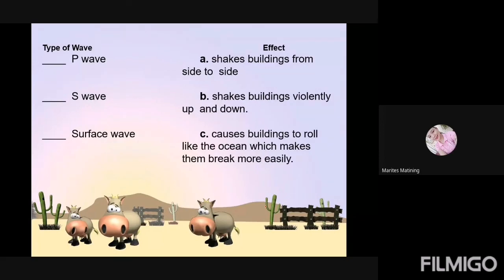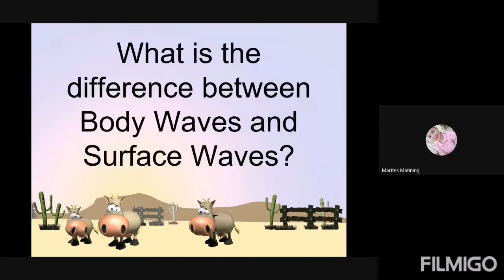Shakes building violently up and down. Ma'am, S waves. Very good. And syempre, natitira na lang, causes buildings to roll like an ocean, which makes them break more easily. Ma'am, surface wave po. Very good. Surface waves.